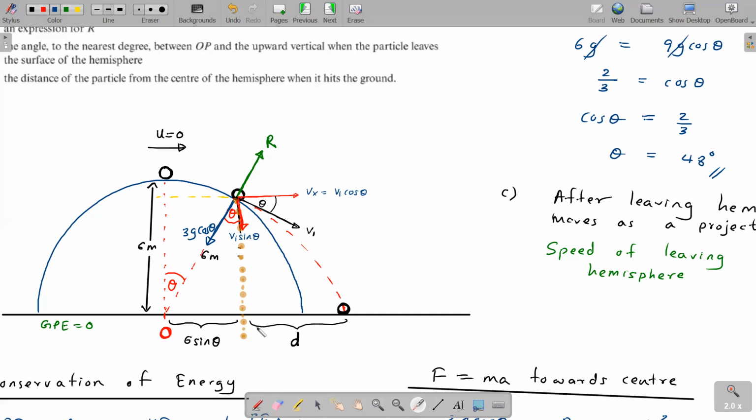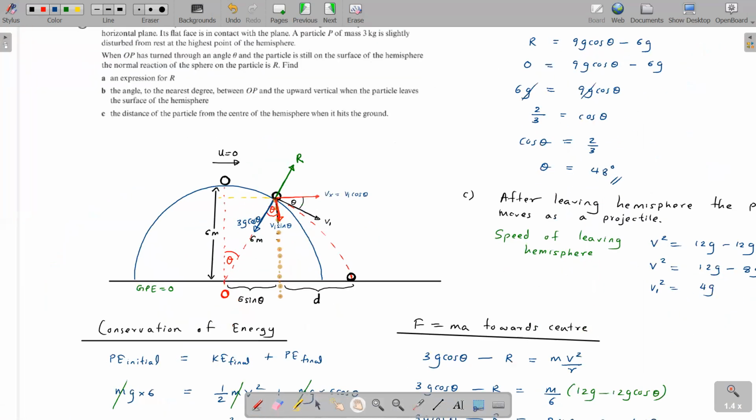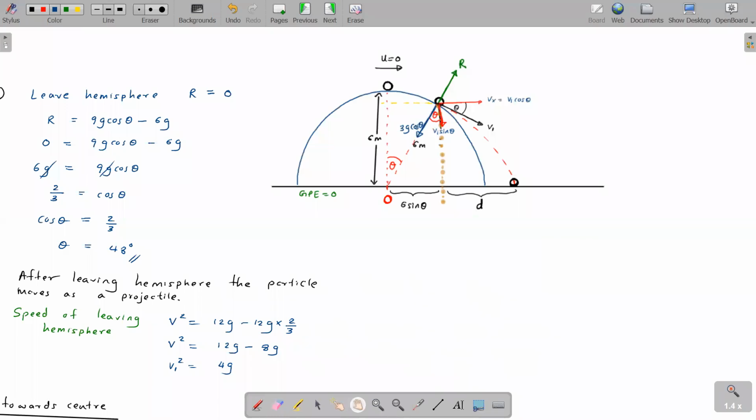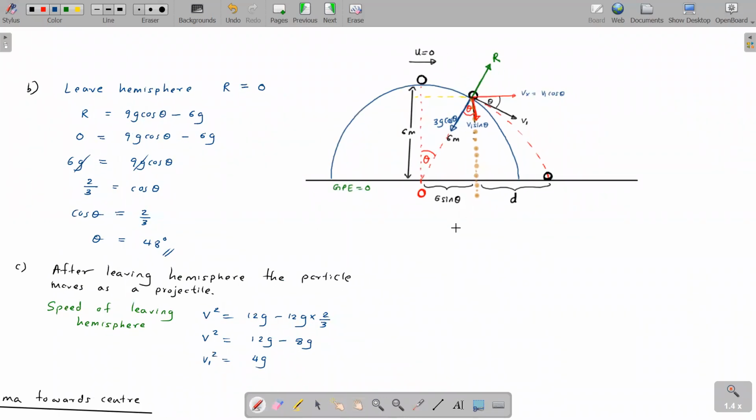My task is to get D. So what's the easiest way to get this done? The best thing to do here, I believe, is in part C. If you go with the other equations, V equals U plus at, V squared equals U squared plus 2as, those equations involve the final velocity.